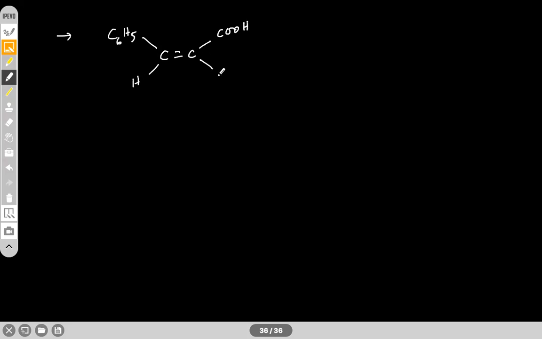One more example you see. We have a C6H5 benzene ring here, C double bond C, COOH, hydrogen and hydrogen. And in the other, C double bond C, H, H, COOH and C6H5. This compound is cinnamic acid.